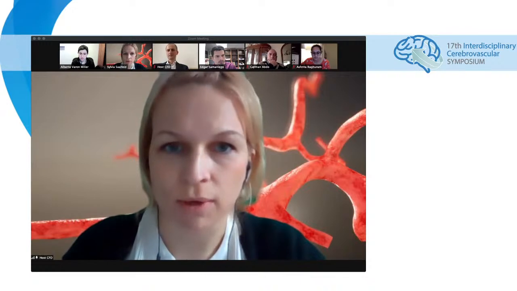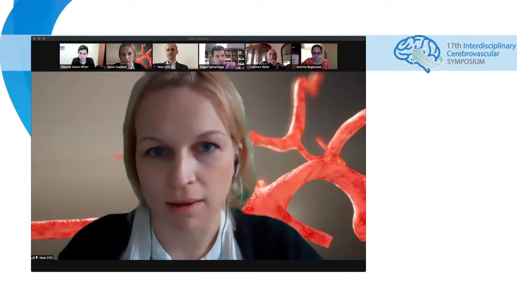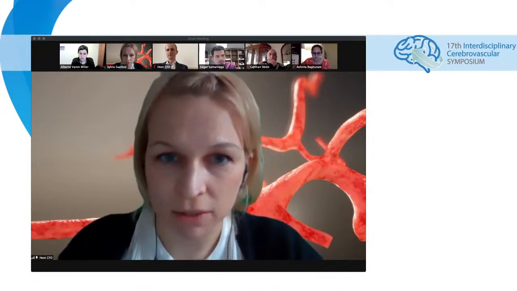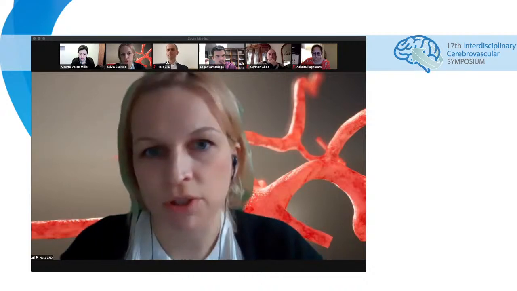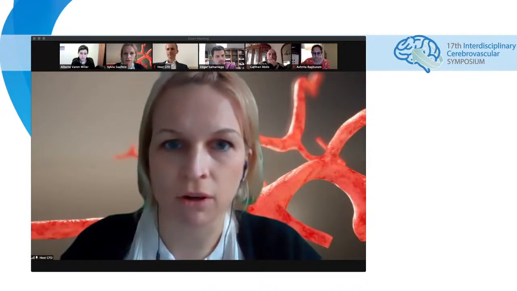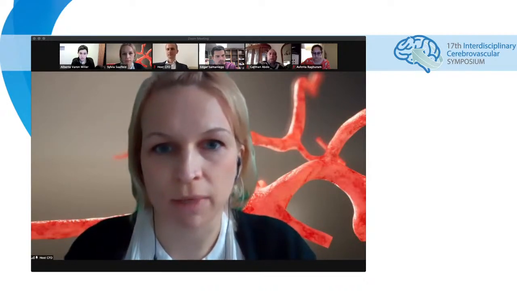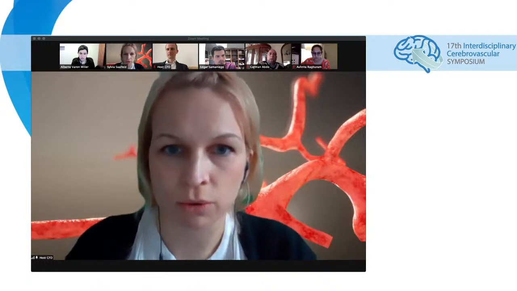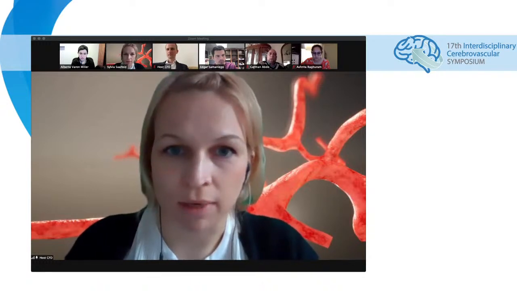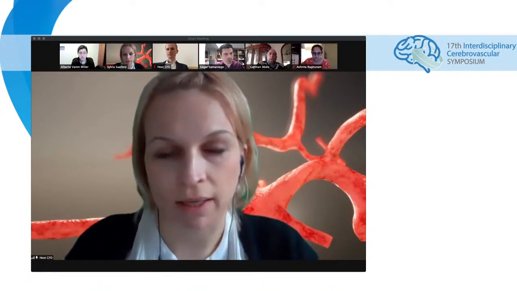So I would suggest using the image modality with the best resolution, because we are also interested in the aneurysm neck. If you have a low resolution, then the aneurysm neck and the morphological parameters are not so good. But if there is nothing else available, then MRA also works fine.